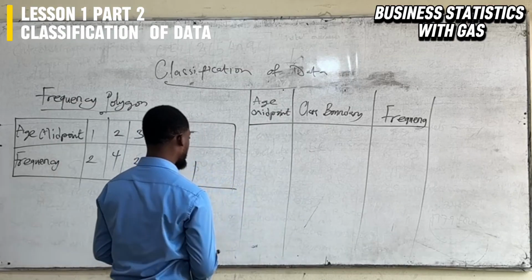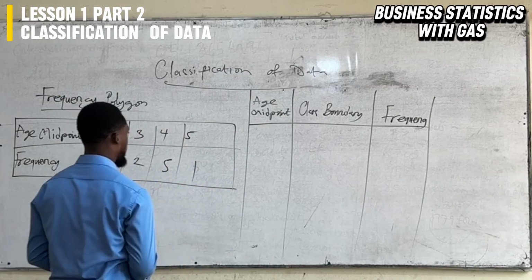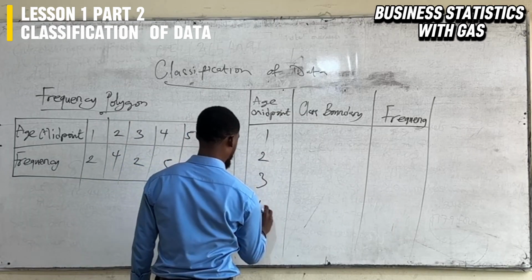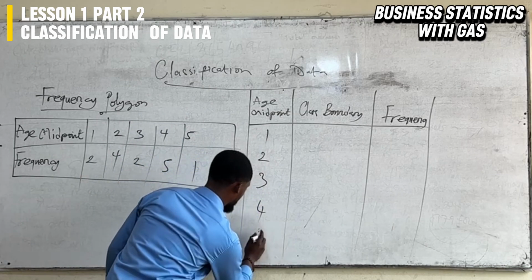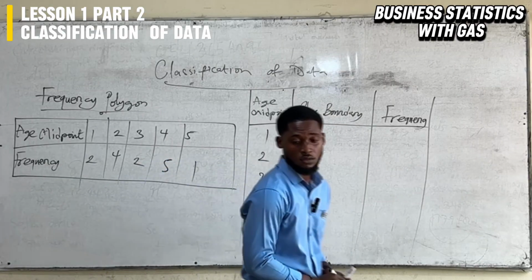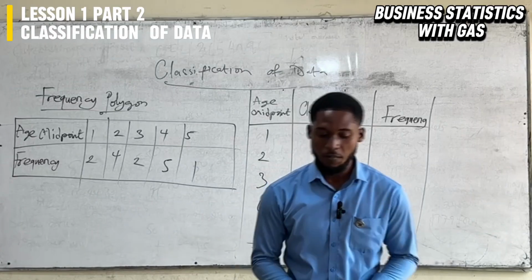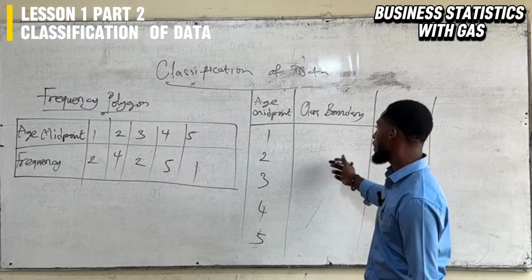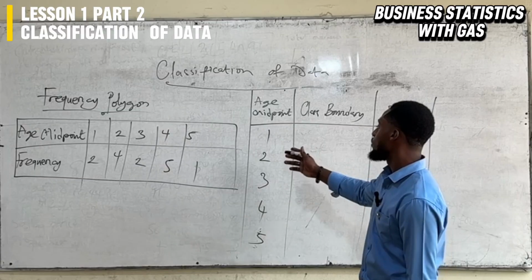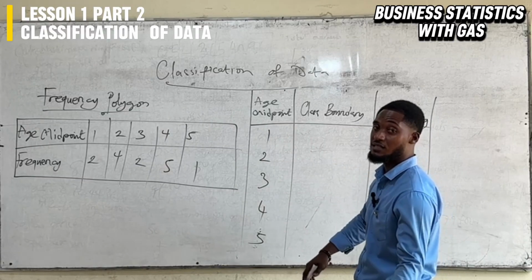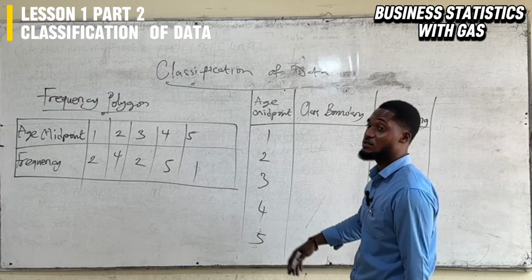The age midpoint has already been given to be 1, 2, 3, 4, and 5. Now, we would have to find our class boundary here. Here we only have one figure. We don't have lower class limit or upper class limit.